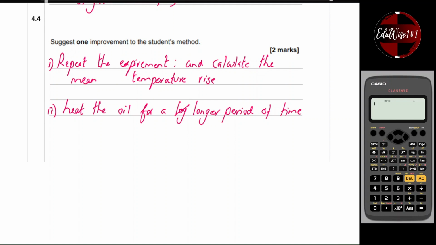Why would you do that? To get a wider range of temperatures. Next question.